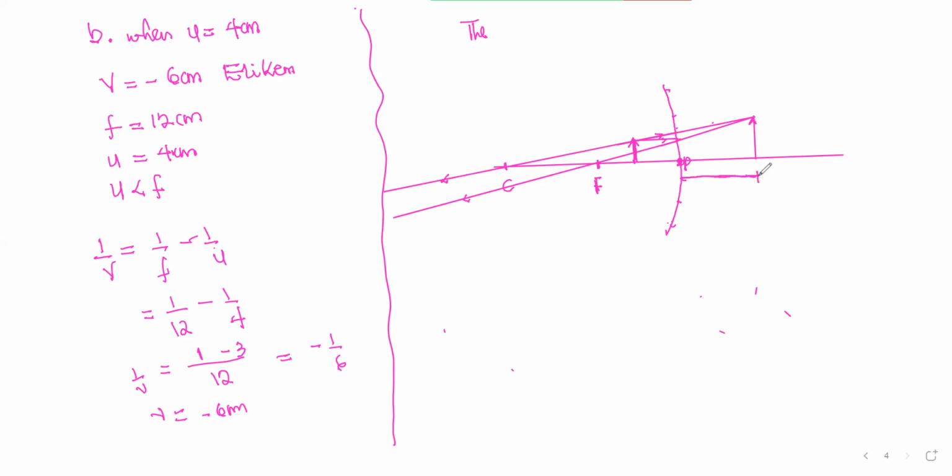So this distance from the pole must be 6 centimeters, and it's negative because this measurement is behind the mirror.